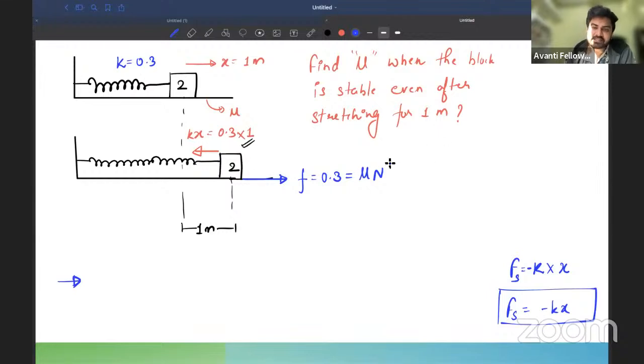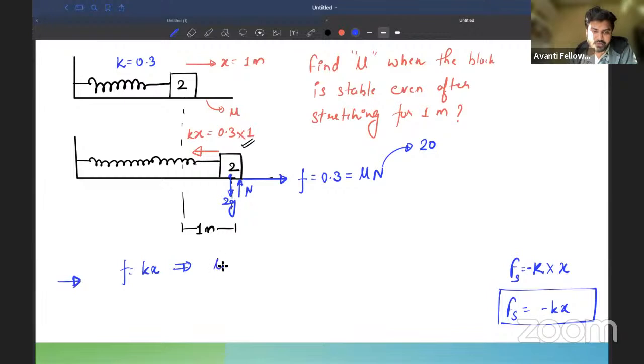Okay, in this case normal कितना होगा? 20. कैसे सर? अरे भाई, downside mg will be pulling by 2g, upside normal will be there, so normal is 20.